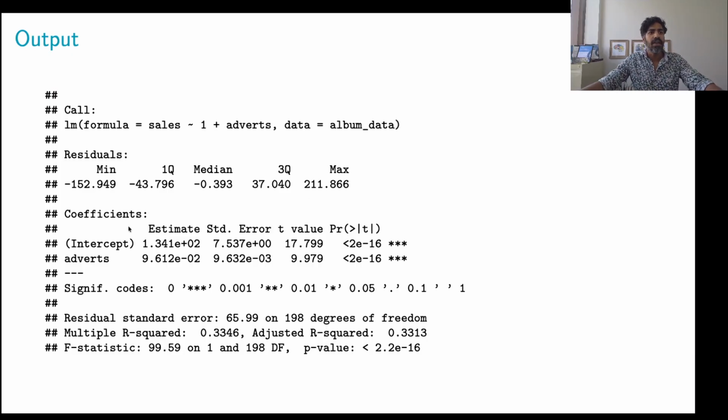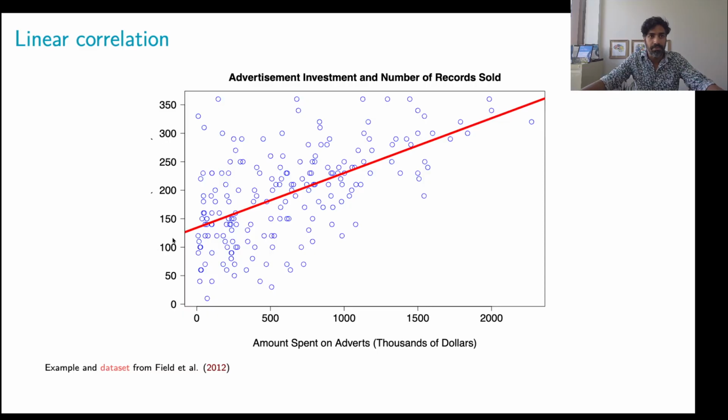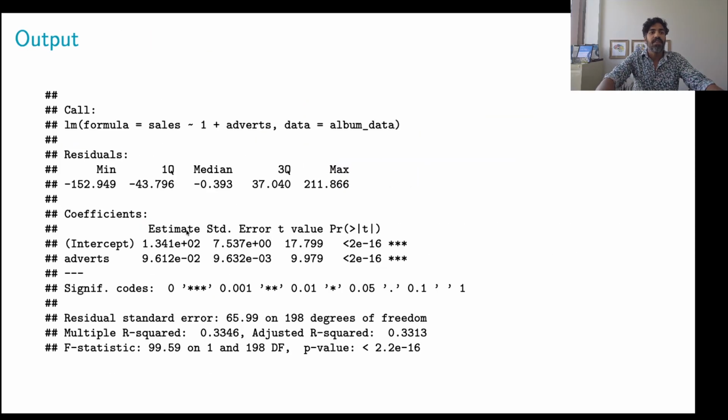And so the coefficients here, this first one is where it crosses the y-axis when x is equal to 0. And so this is at 134, which maps on pretty closely to what we see here, 134. And the adverts here shows you how, for every dollar you spend on advertisements, how many additional album sales are sold.